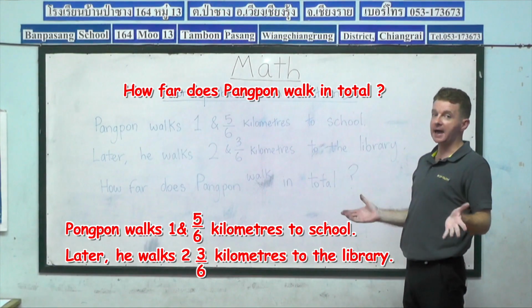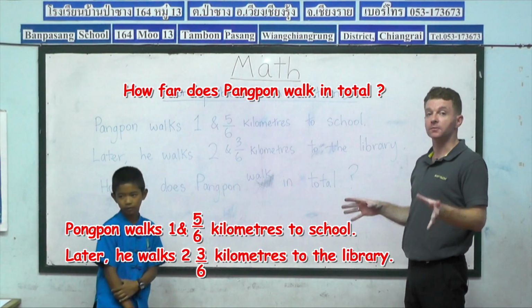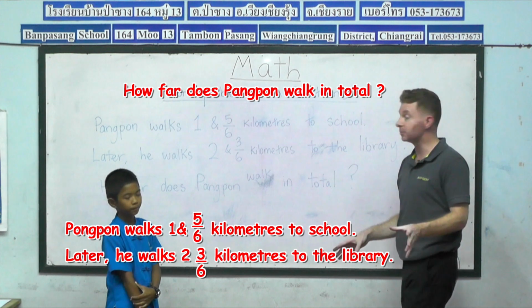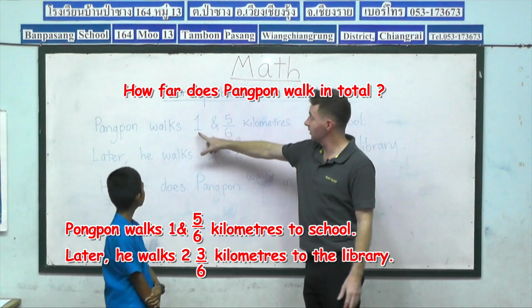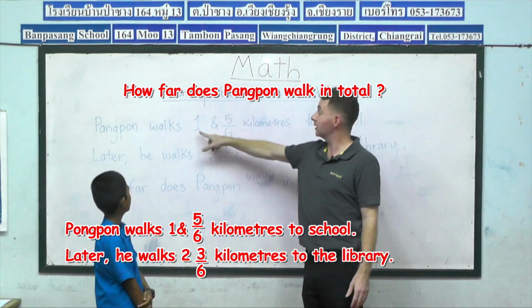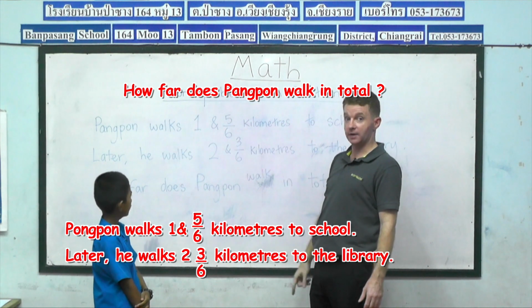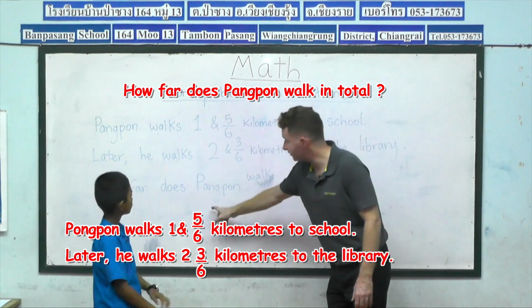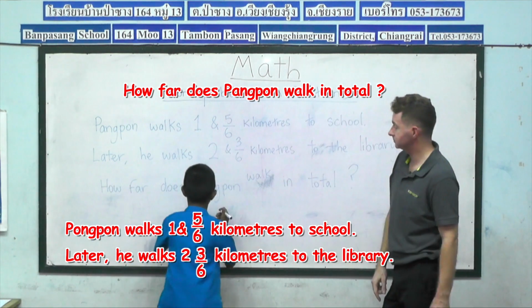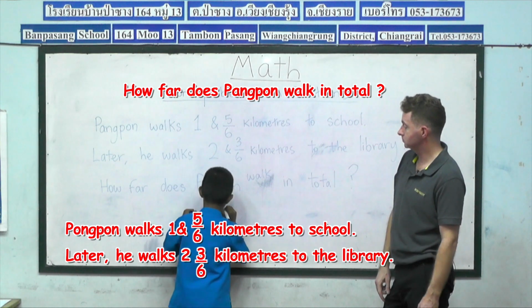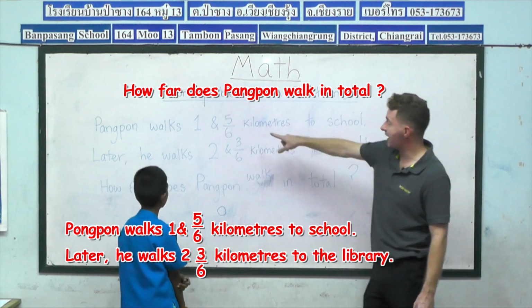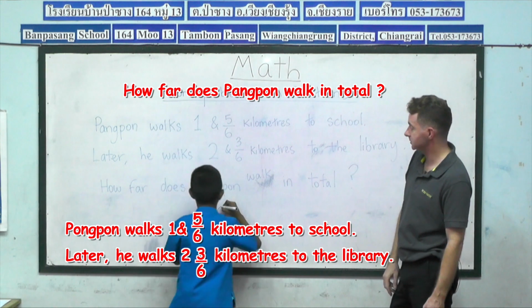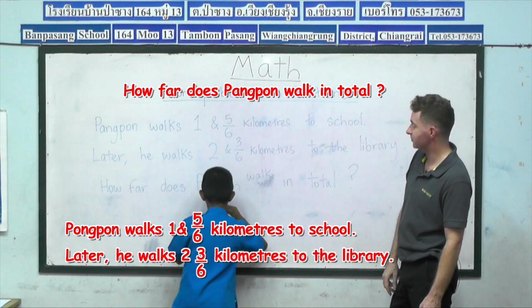So once again, guys, what we need to do is we need to identify the numbers to work out. 1 and 5/6, okay? So we can have one circle here, Pat. And we need to divide it into 6 pieces. 2, 4, 6.